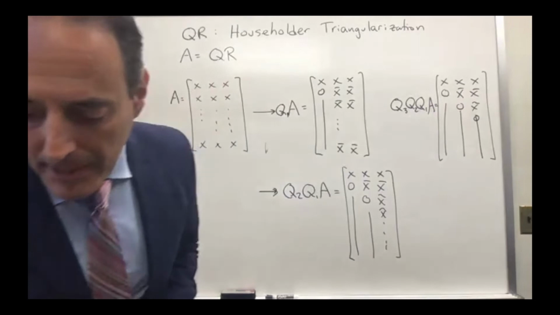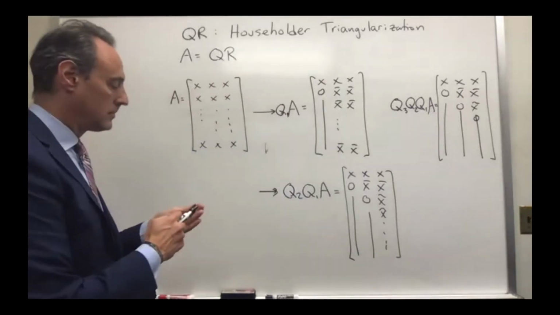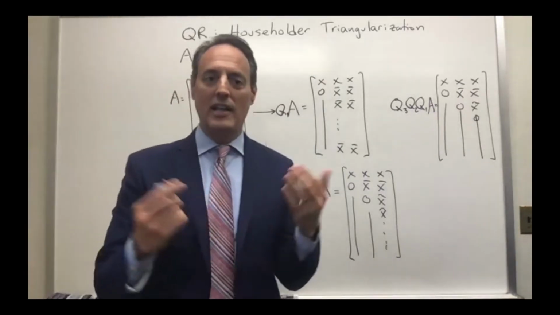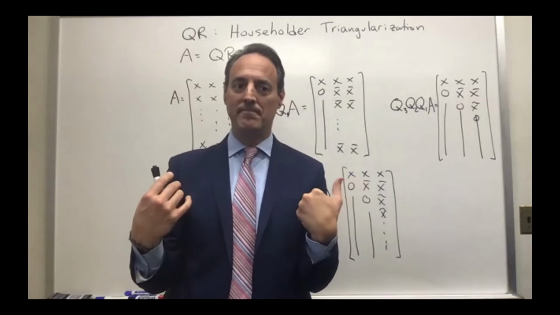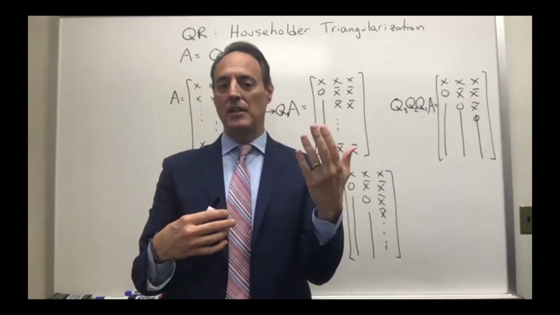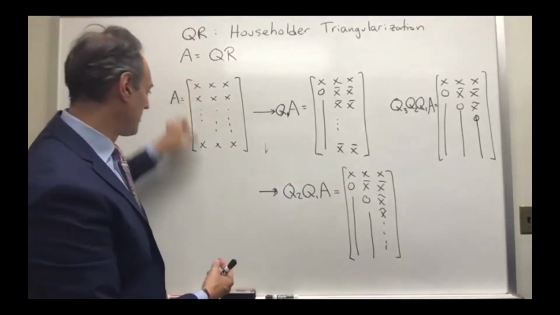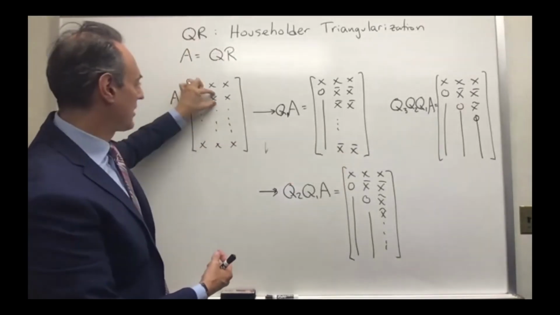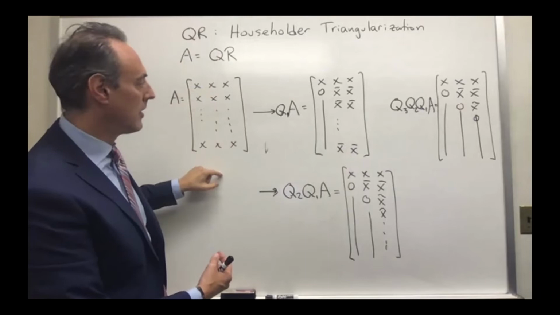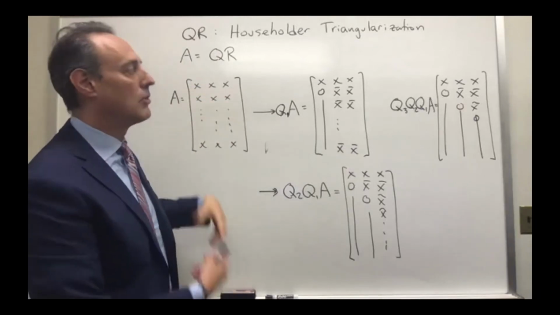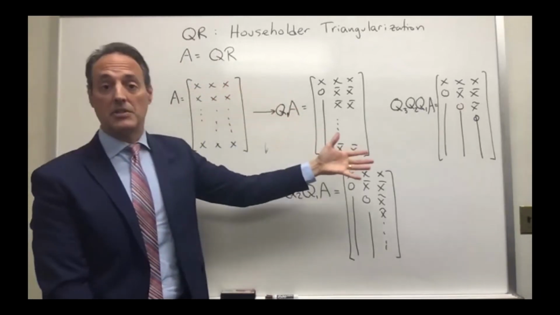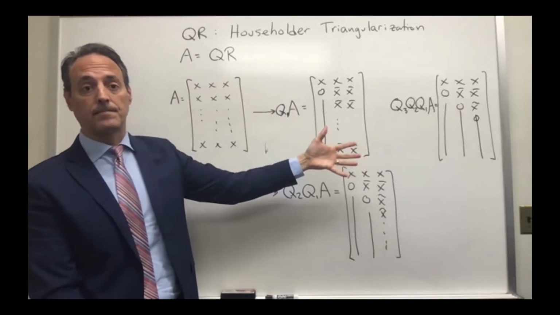A couple comments. Doesn't this look a lot like Gaussian elimination? Remember, in Gaussian elimination, what we were trying to do is pick the pivot, make everything 0 below it. Pick the next pivot, make everything below it 0. Pick the next pivot, make everything below 0. That's essentially what this is doing, right?